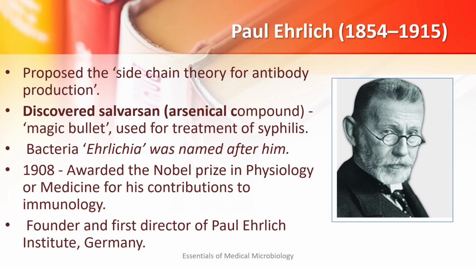A bacterium called Ehrlichia was named after him. In 1908 he was awarded the Nobel Prize in Physiology or Medicine for his contributions to immunology, and he was the founder and first director of the Paul Ehrlich Institute in Germany.